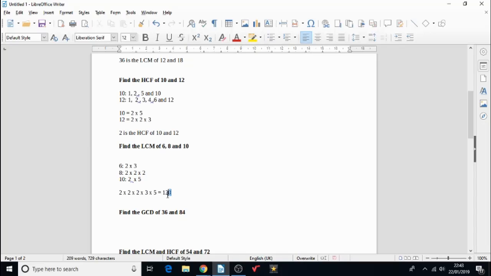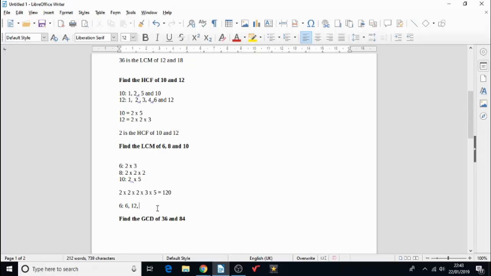And you can double check to see that is the lowest common multiple, because we can write it out actually if we wanted to. 6. So let's say 6, 12. I'm not going to write all the way up to 120.